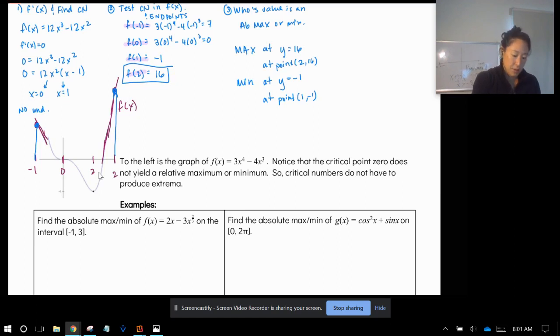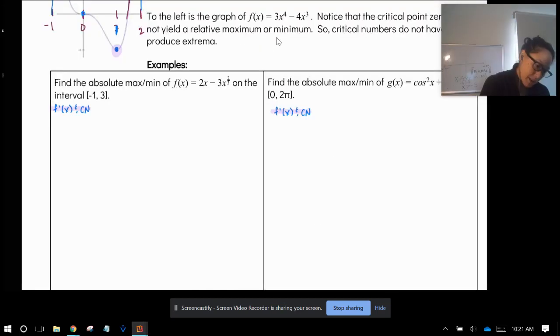So I have critical numbers at 0, 1, and the endpoints at -1 and 2. So when I tested our values into our original function, I can see that we have an absolute min at x equals 1, and an absolute max in this interval at x equals 2. Okay, so that's the visual of that. So we go ahead and try it on your own and then check.